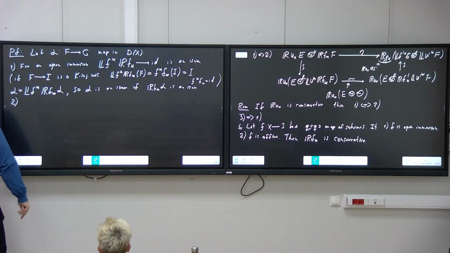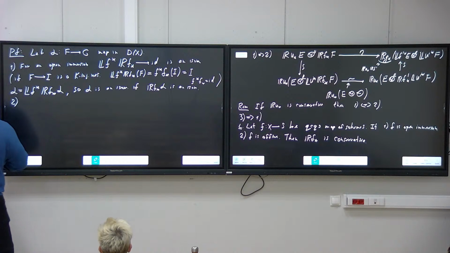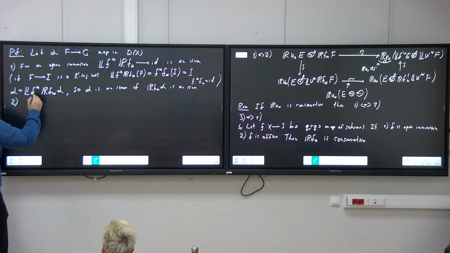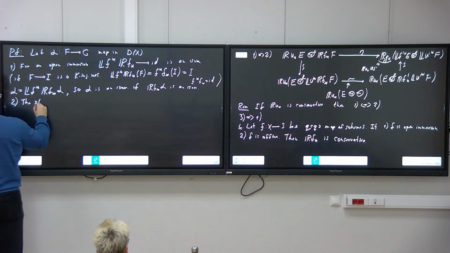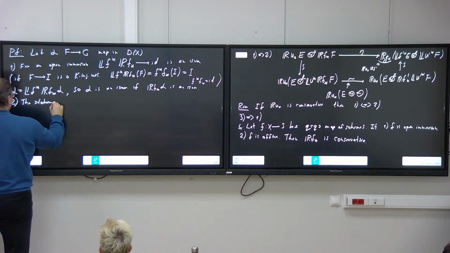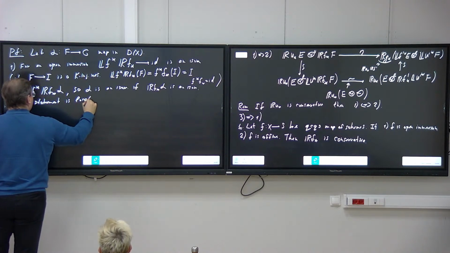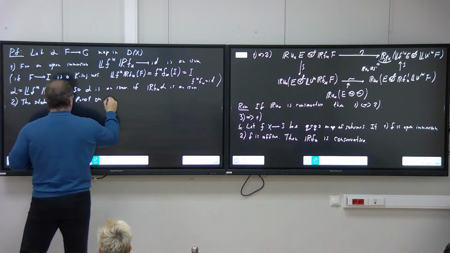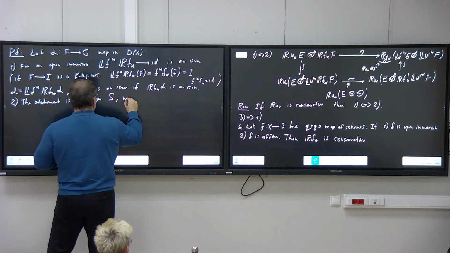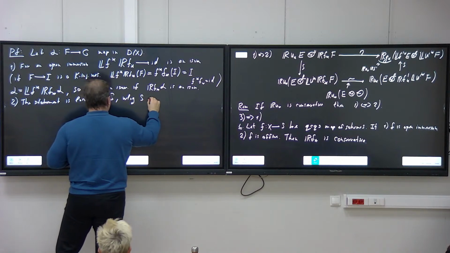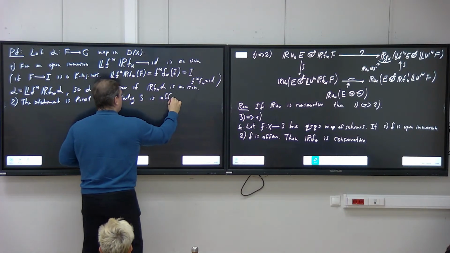Now for 2. Now f is affine. Again, this is the standard game. So the statement is local on S. So without loss of generality, S is affine.